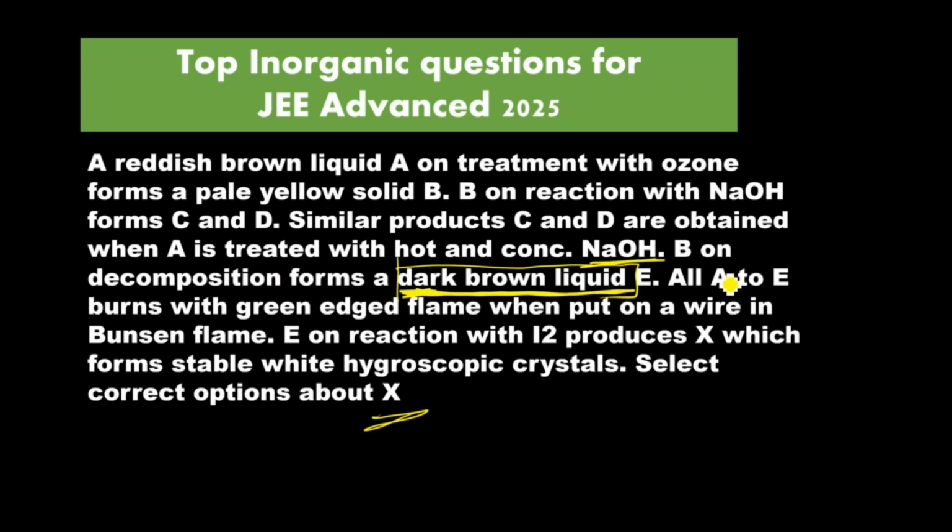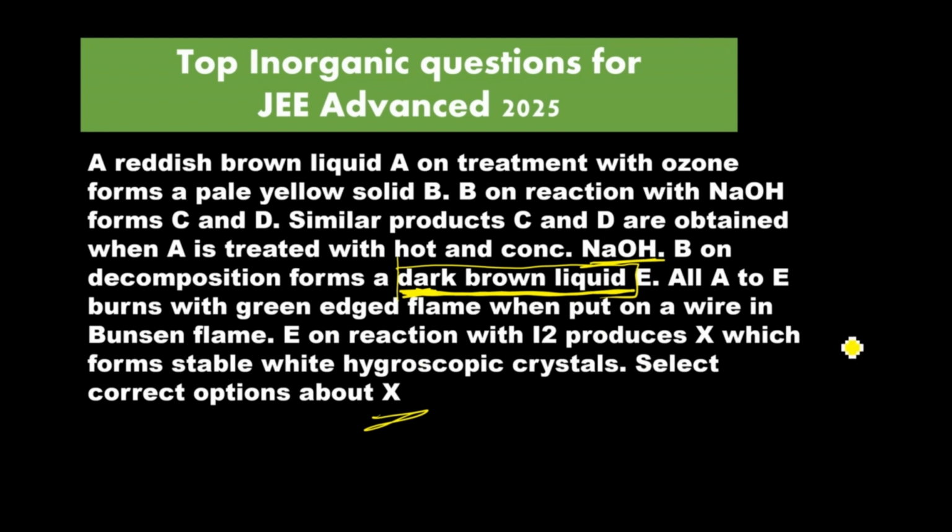Okay. The next one, that is B on decomposition, and all A2E burns with a green edged flame when put on wire. E on decomposition will give you bromine, Br2O, bromine oxide.